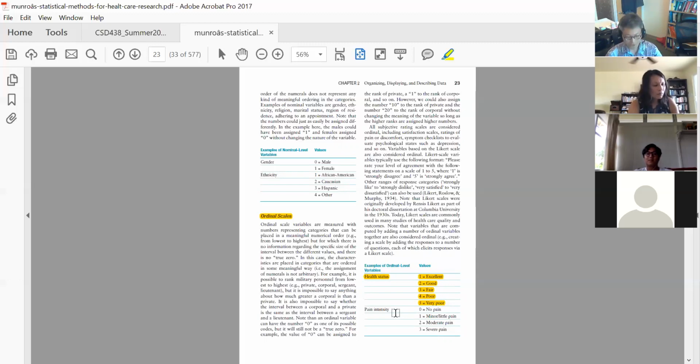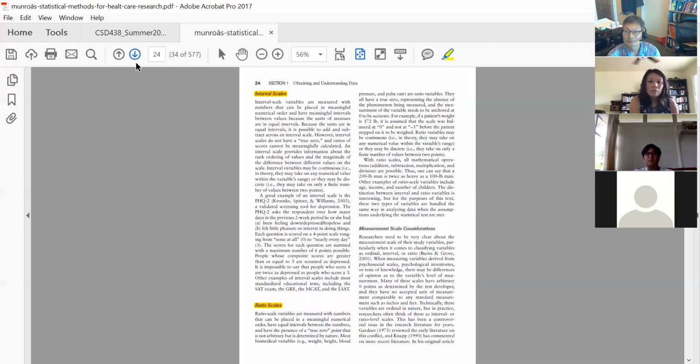But when we start including the true 0, then we call it the ratio scale. So the ratio scale covers everything. For example, when we call it a continuous variable, this one is talking about a ratio scale. Okay. So measurement scale is that.